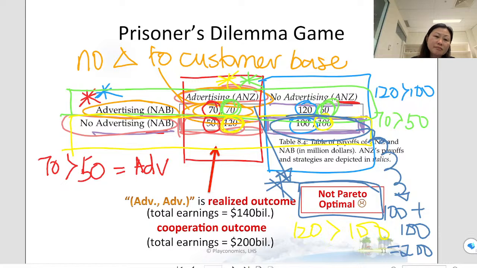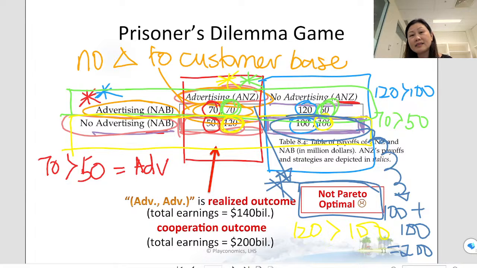By trying to maximize their own individual payouts, they end up deciding to advertise. Definitely what we see in real life, because we can see a lot of banks advertising. But is this really socially optimal?